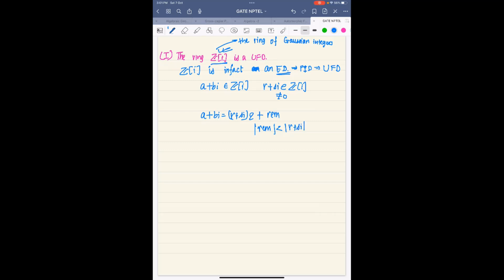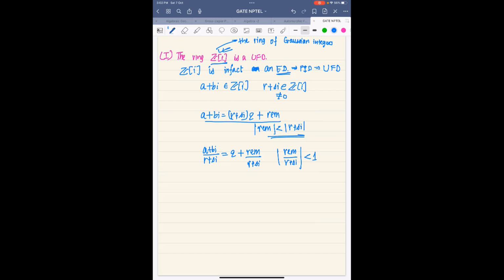So we divide this whole expression by R plus Si. This becomes A plus Bi over R plus Si equals Q plus remainder over R plus Si, and the absolute value of the remainder over R plus Si is less than 1.